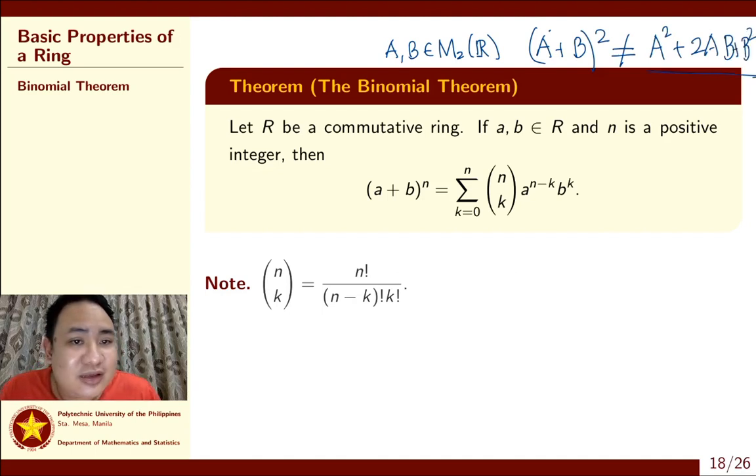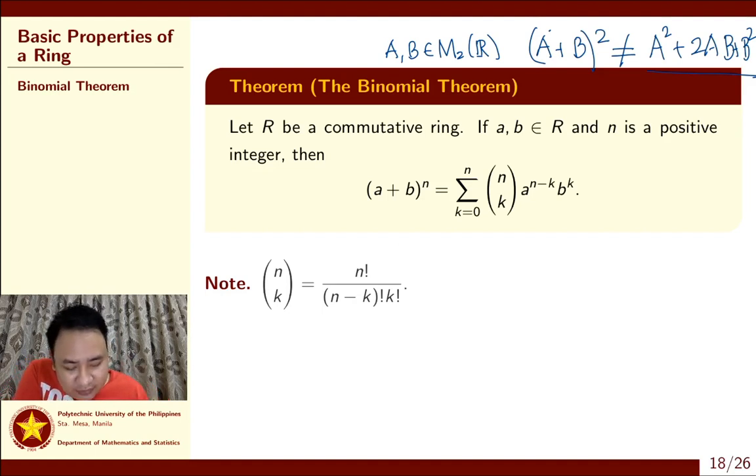This is not necessarily true for 2 by 2 matrices A and B. So, it is easy to make a counterexample, right? Although there are cases where these two are equal, I want to emphasize that. It happens when A and B commute with each other, right? We studied that in linear algebra.